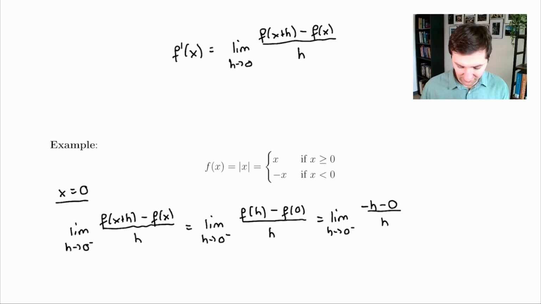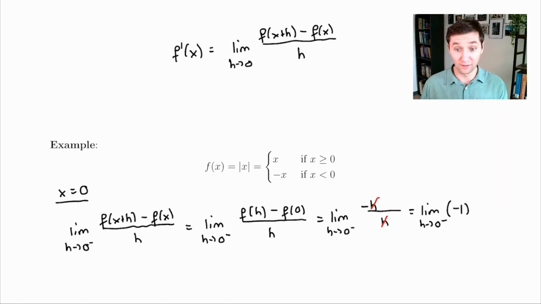And I have minus 0 because absolute value of 0 is 0. This means in the numerator I simply have negative h, so let me erase minus 0. This allows me to divide out h, and I get the limit as h goes to 0 from the left of negative 1. The limit of a constant is that constant, which gives me negative 1.